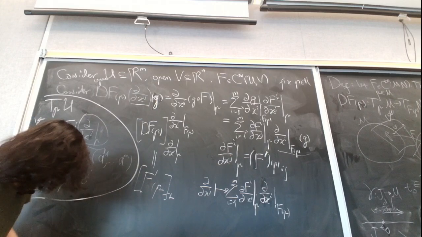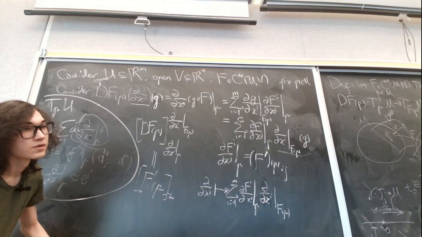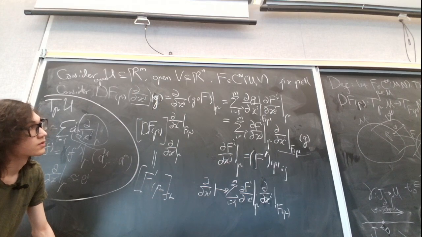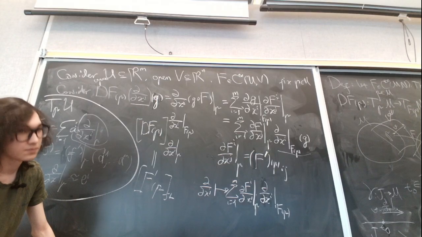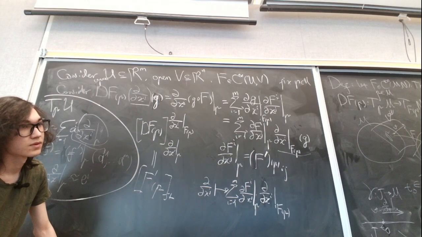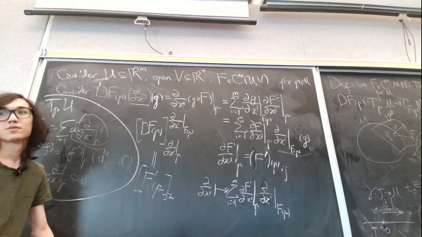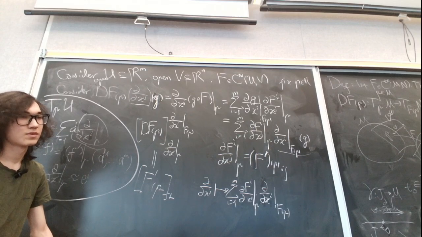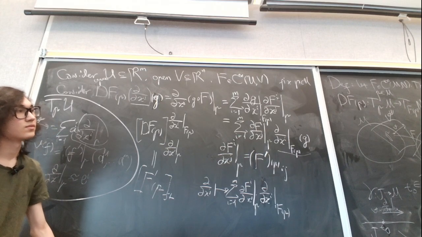Okay. And now, surprise, surprise. This is something we did for open sets of R^m to R^n. Now we want to write something like this down for actual manifolds. What's going to be the difference?